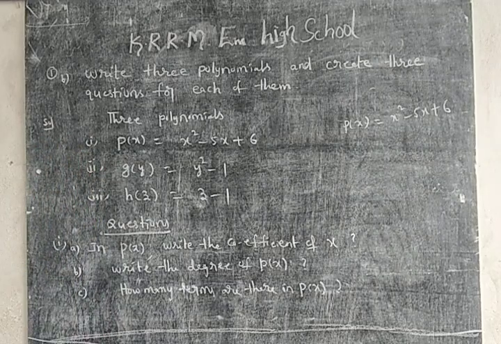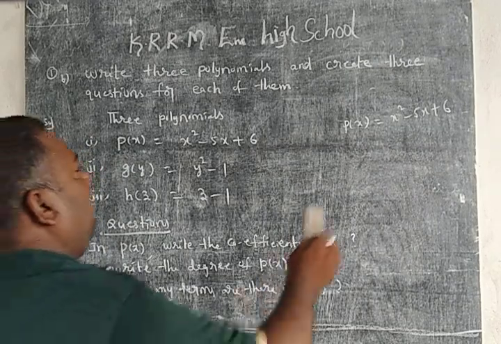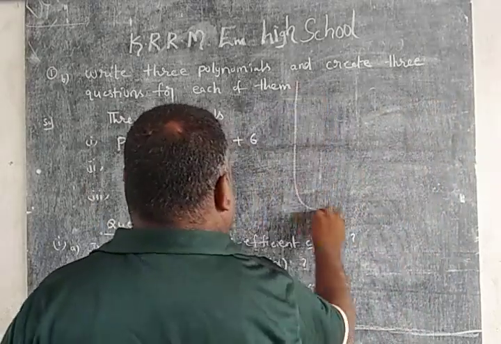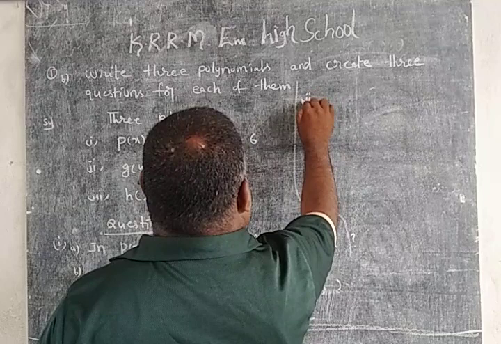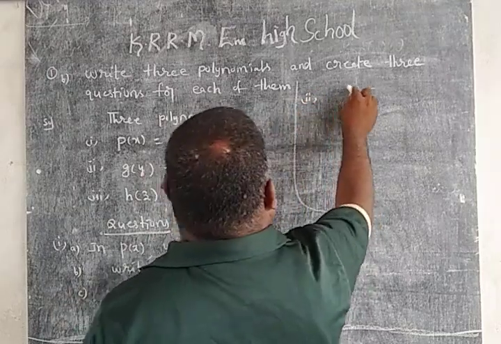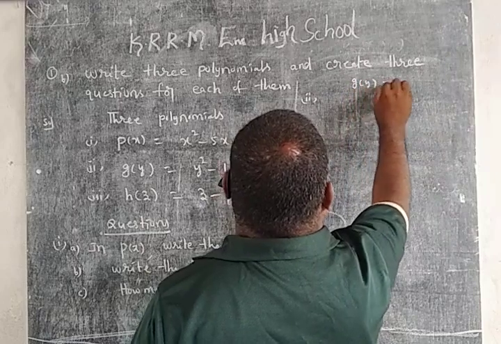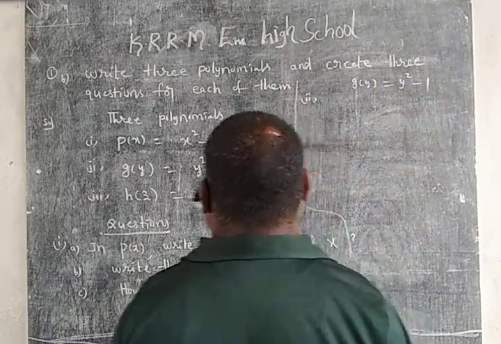Right. Second polynomial. What do we take as the second polynomial? Second one is g of y is equal to y square minus 1.